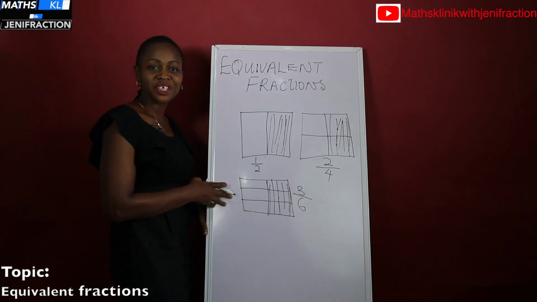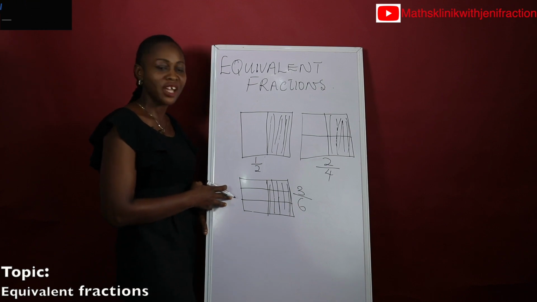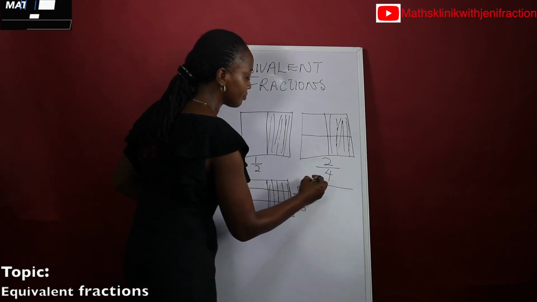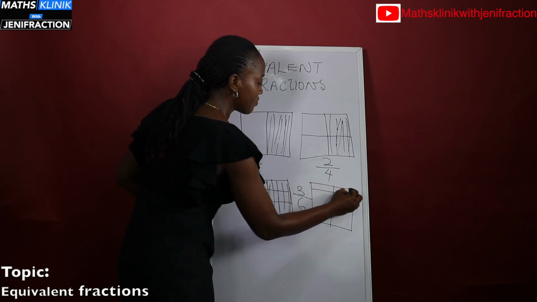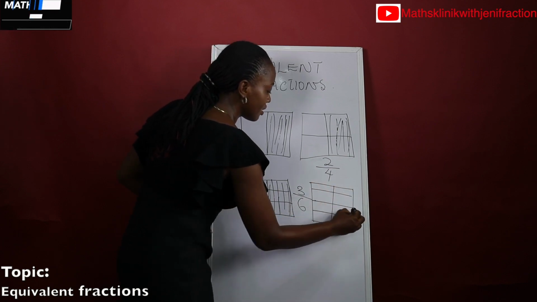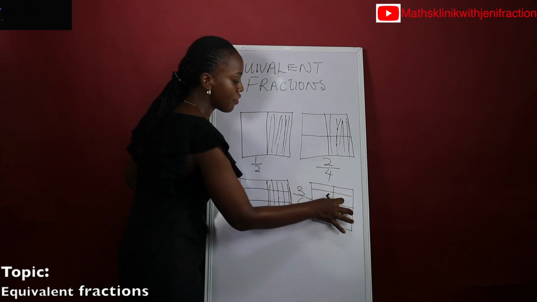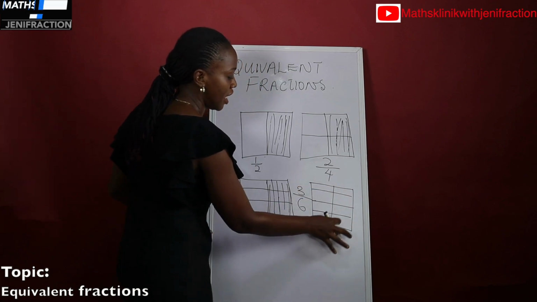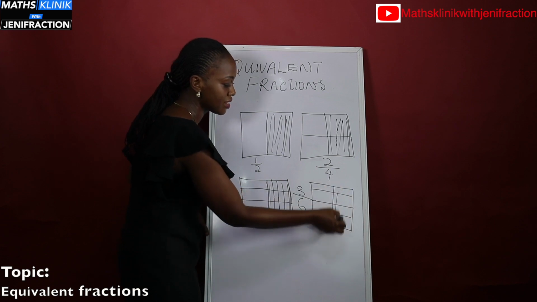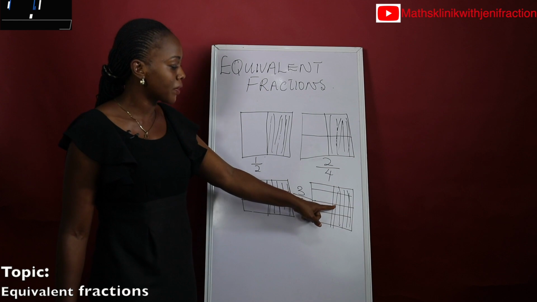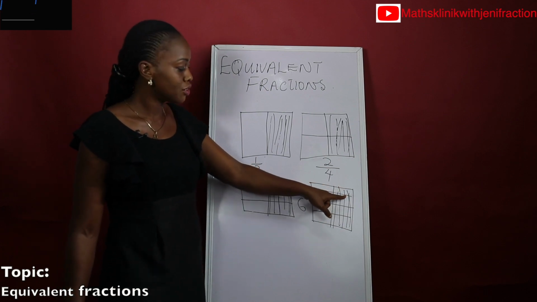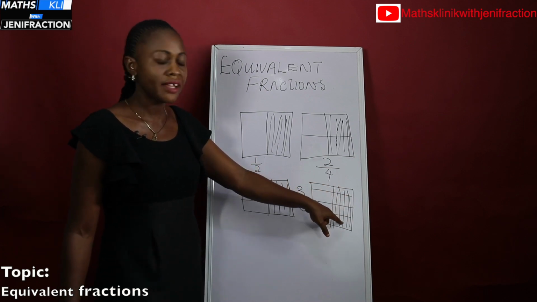I'm still going to share the same biscuit into 8 parts. So I have this: 1, 2, 3, 4, 5, 6, 7, 8. And I'm still dealing with the same part I've been shading. So how many parts has it become? 1, 2, 3, and 4.